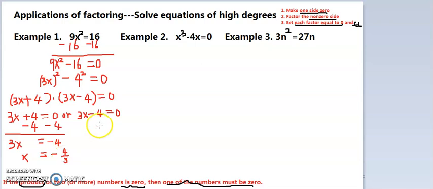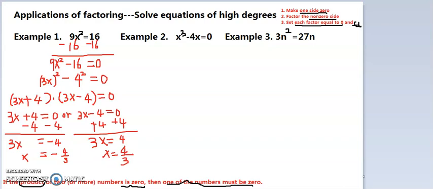Similarly, we get x by itself in the second equation by adding 4 to both sides, and then dividing both sides by 3, and this time we get a positive 4/3.